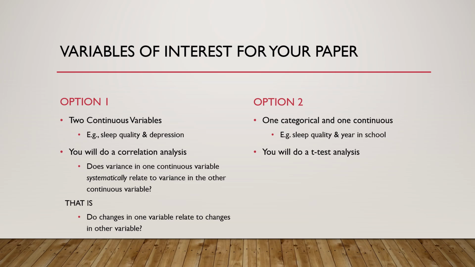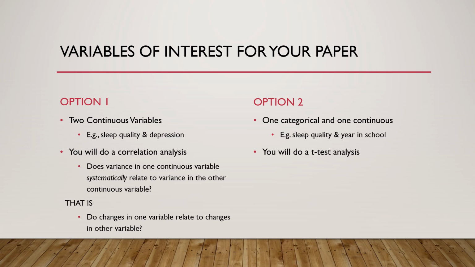As one shifts, is there some observable change in the other that makes them related to each other? And you could reframe this as, do changes in one variable relate to changes in the other variable? The variance, systematic, that's more of the technical side, really understanding the theory behind what a correlation is doing. But in more layman's terms, just a casual conversation, it is, do changes in one variable relate to change in the other?